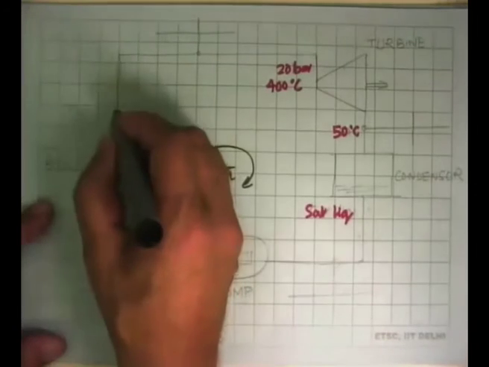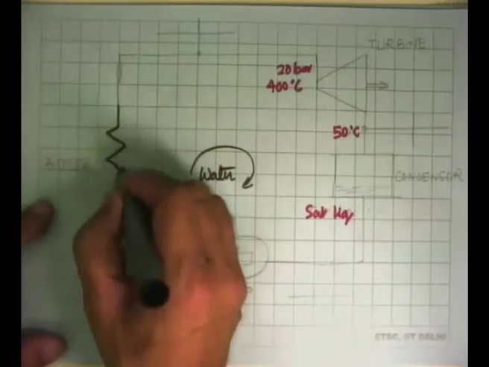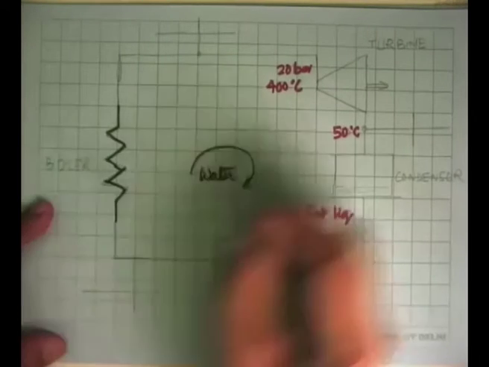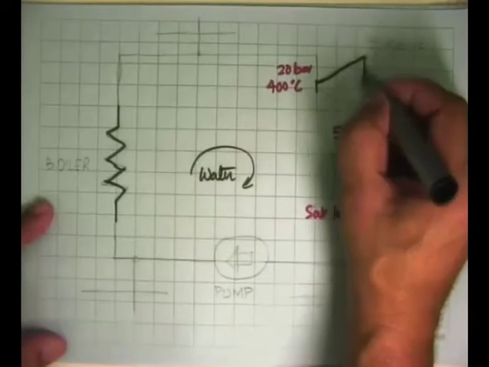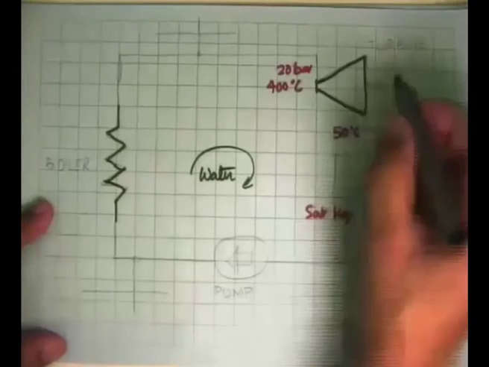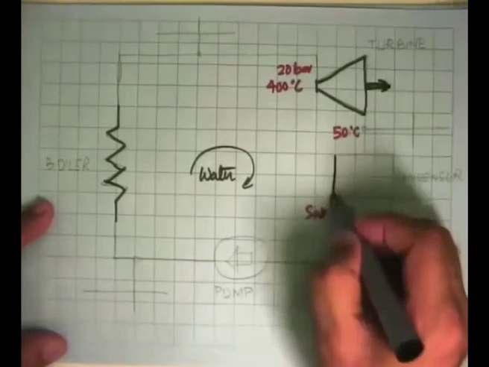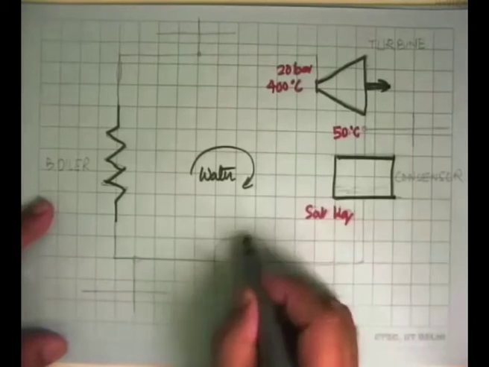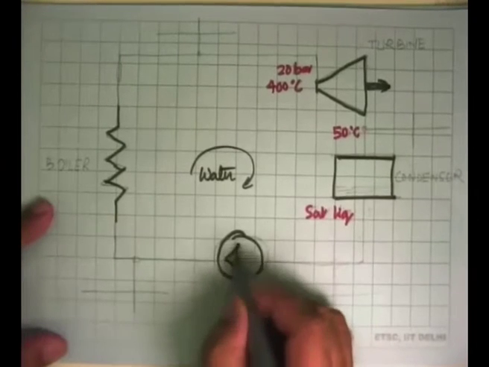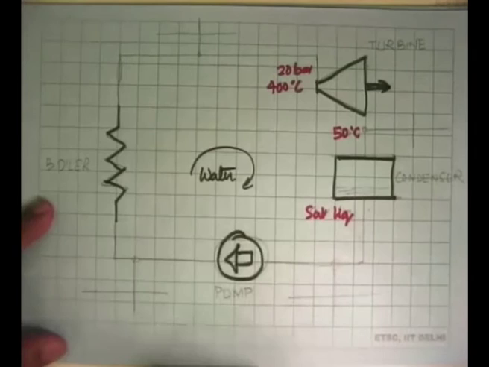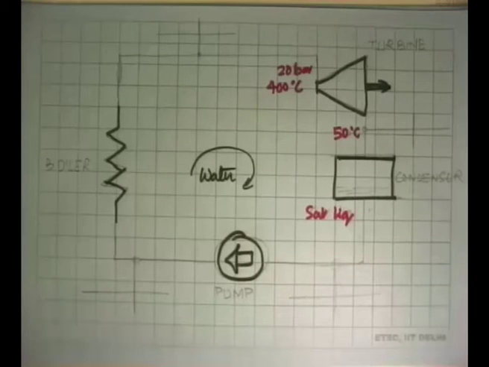The cycle consists of four components: a boiler, a turbine, a condenser, and a pump. And we connect these by pipes, which we will put there.